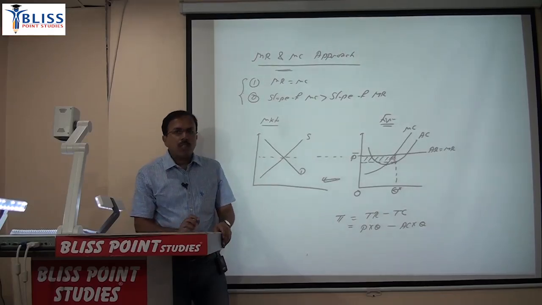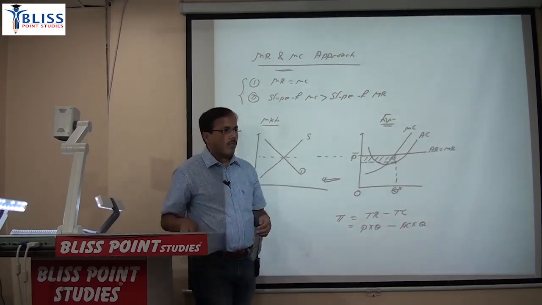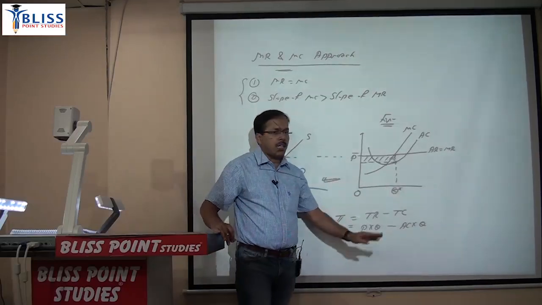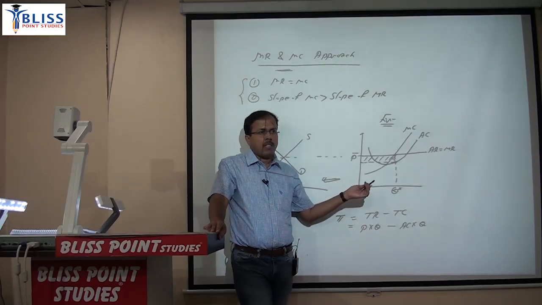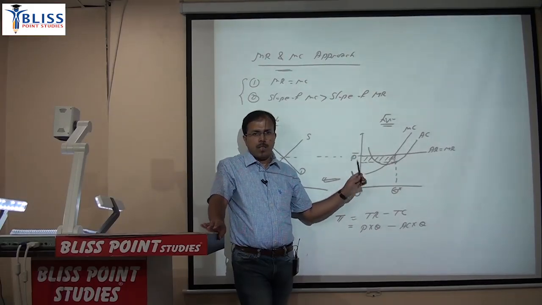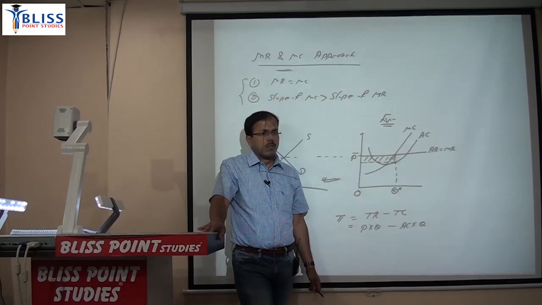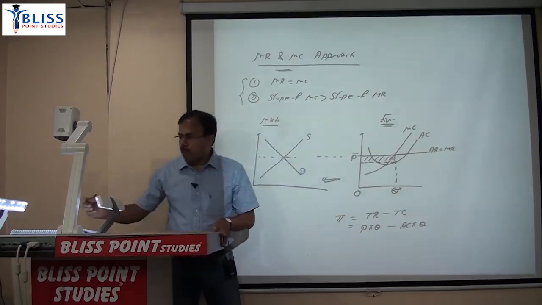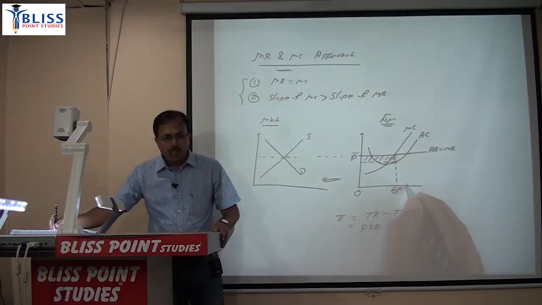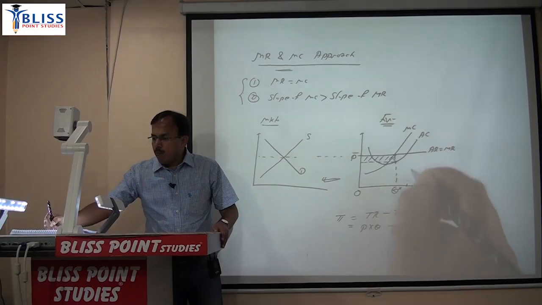But the answer expects you to elaborate more. Why is the firm not producing more than that? Explain that. This is a very elementary school level description, you have just made the graph. Why is the firm not producing more? If the firm produces more than that quantity, remember, for any quantity more than that, the marginal revenue is less and marginal cost is more.